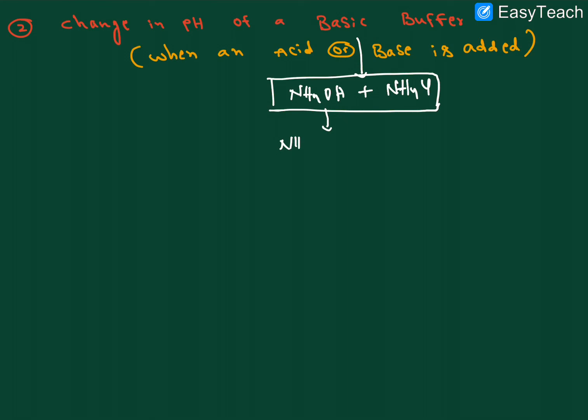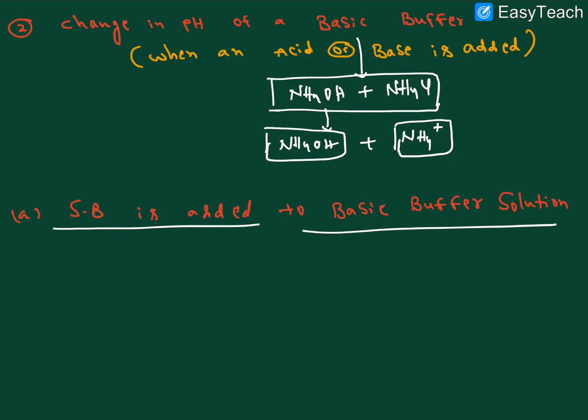There are a lot of examples, but for understanding purposes we are taking the simplest example. Generally your base is NH4OH, and the salt is completely ionized, giving the ammonium ion. So these two are reacting, right?